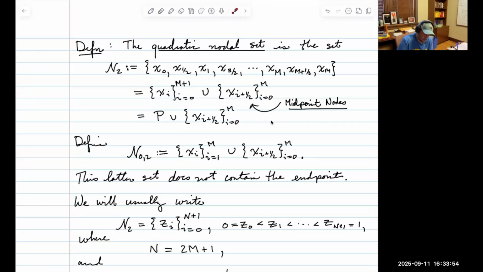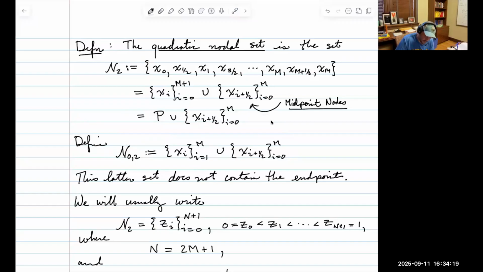We could have defined it simply by saying this is equal to this, and then set minus out the two endpoints. That's another equivalent way of doing it. What do I mean by that? Let me give myself a little bit of room to work. This is just equal to the original nodal set N2 minus x0 and x_{n+1}.